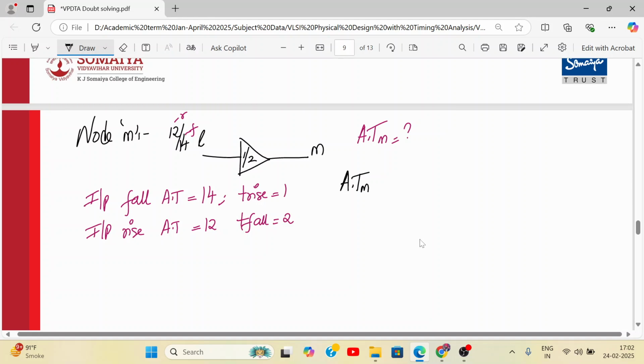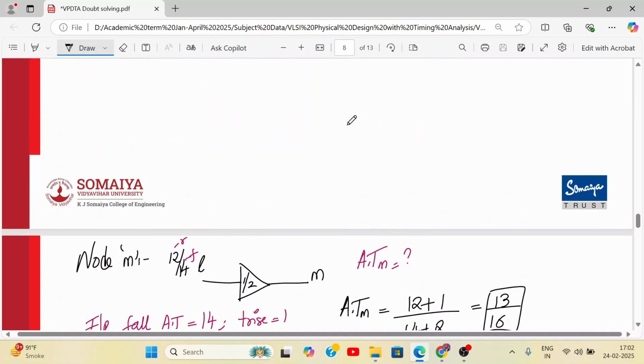It's a non-inverting buffer, so output rise arrival time will be input rise arrival time plus T rise. So it will be 12 plus 1 divided by output fall arrival time, which will be input fall arrival time plus T fall. So it will be 14 plus 2. That will be 13 by 16. So with this, we have calculated the arrival time for all the gates over here.